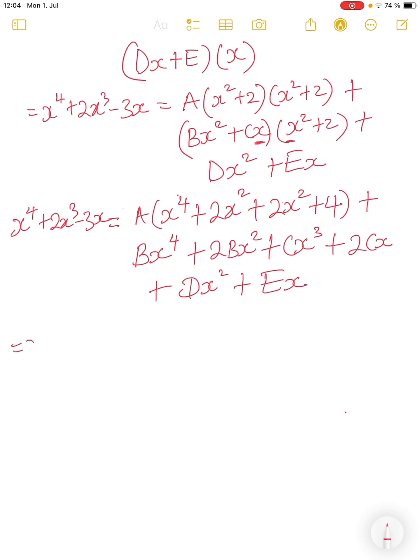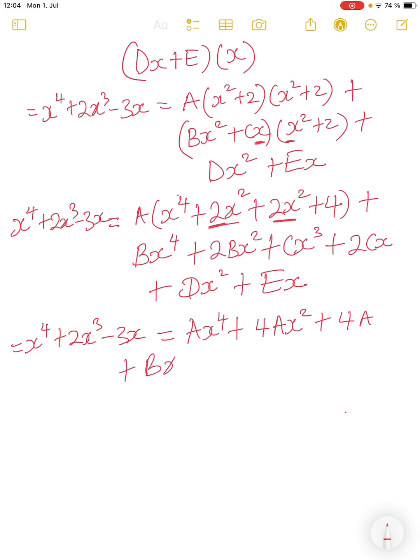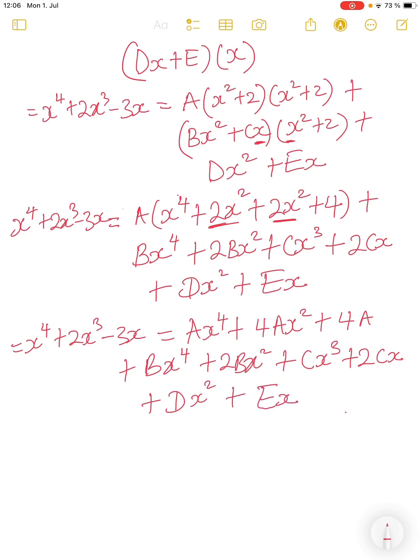So this is the same thing as saying x power 4 plus 2x power 3 minus 3x equal to ax power 4 plus 4ax squared, because this plus this is 4x squared times a, 4ax squared plus 4a plus bx power 4 plus 2bx squared plus cx cubed plus 2cx plus dx squared plus ex.